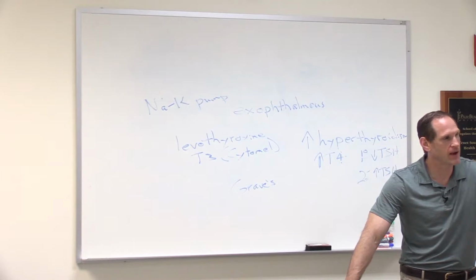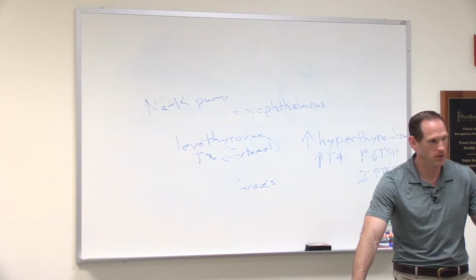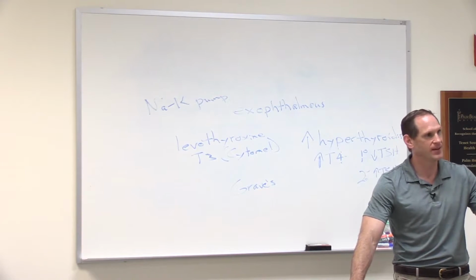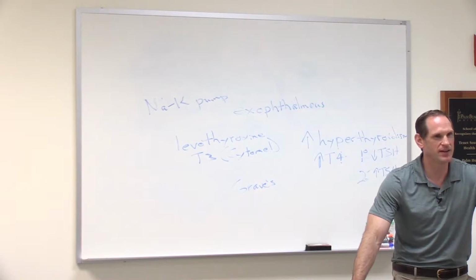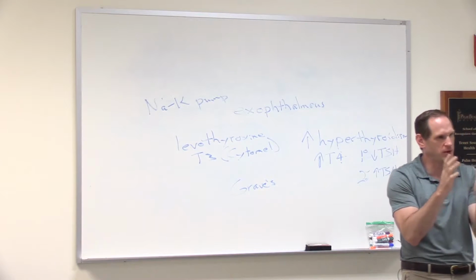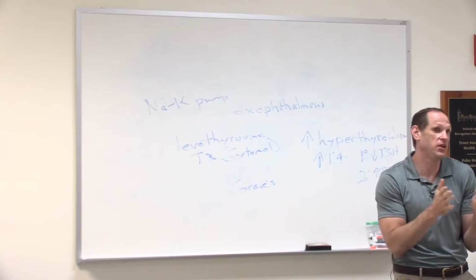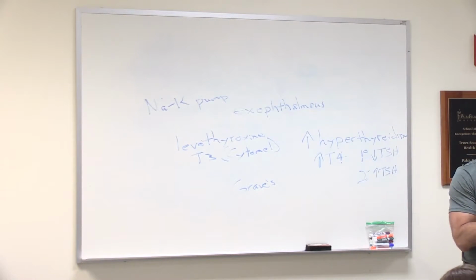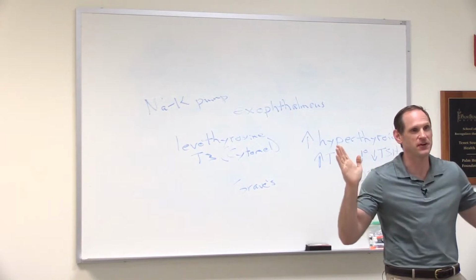By giving radioactive iodine, it will concentrate in the thyroid, killing it. Now, the key is we want to kill just the right amount. If you don't kill enough, you're still hyperthyroid. If you kill too much, you're hypothyroid. And if you kill just the right amount, you're perfect.